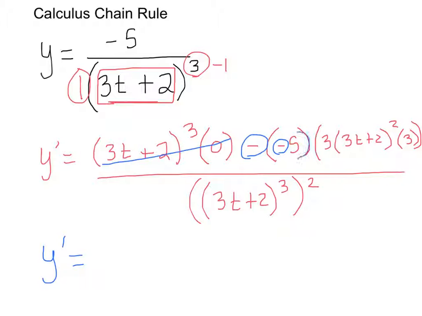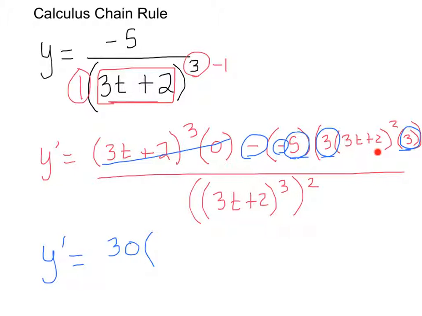And so I'm going to multiply 5 times 3 times 3. So 5 times 3 is 15, times 3 is 45.